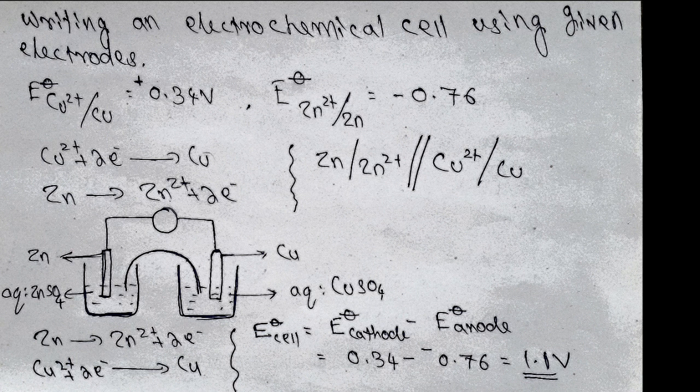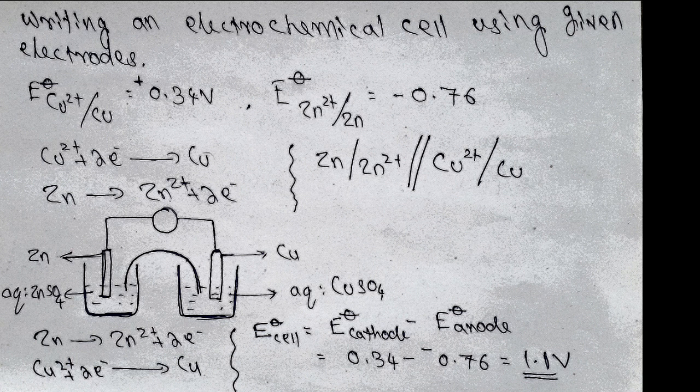Here copper, Cu2+ to Cu, has a positive value and reduction takes place, so it is the cathode on the right-hand side. On the left-hand side is the anode. Here zinc loses electrons and changes to Zn2+, so oxidation takes place at the zinc electrode, so it is the anode.